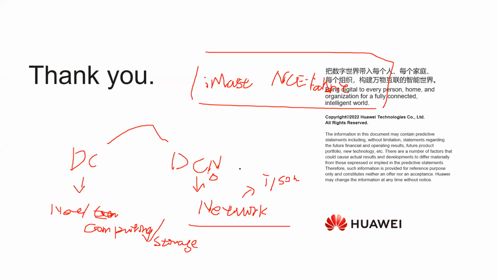But our DCN course belongs to the Datacom, so we only talk about the network of the DC. And maybe in the future, the DC certification will be gradually replaced by the DCN certification, but there is no specific plan yet. So this is the difference between these two certifications.